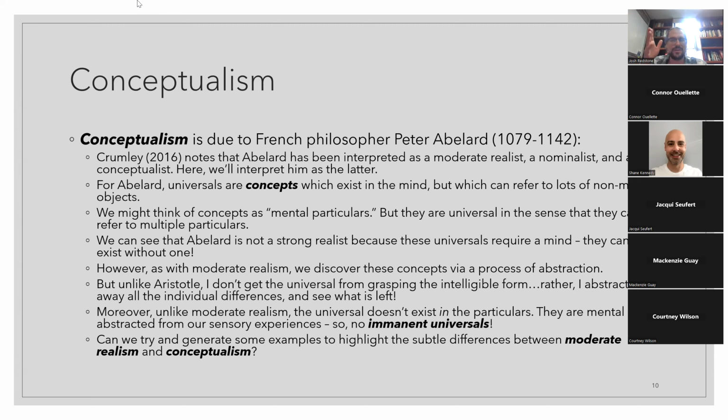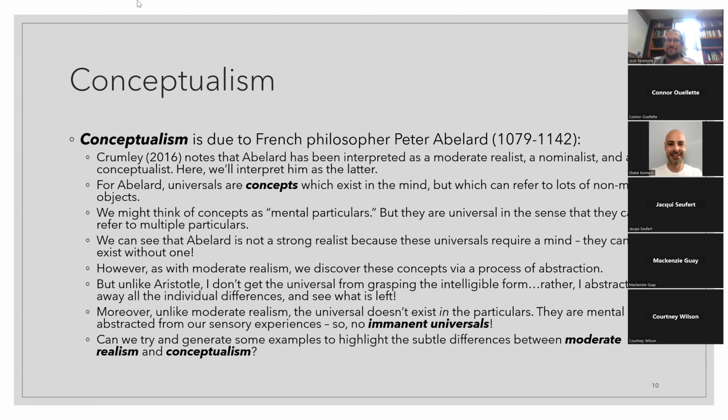But for Abelard, how I discover these universals is that I abstract away all the individual differences, and whatever is left is the universal. So take dogs again, right? I've seen a lot of individual dogs, but if I extract away all the individual details, like, this dog was this color, this dog had floppy ears, this one had pointed ears, what I'm left with is something like, okay, mammal, four legs, barks, likes to play fetch, descended from wolves.